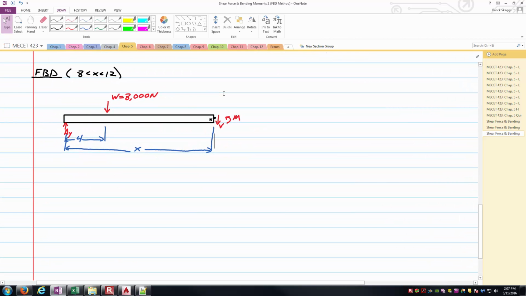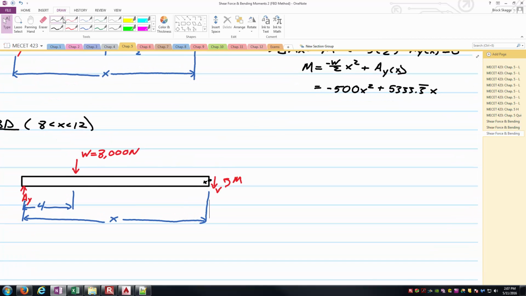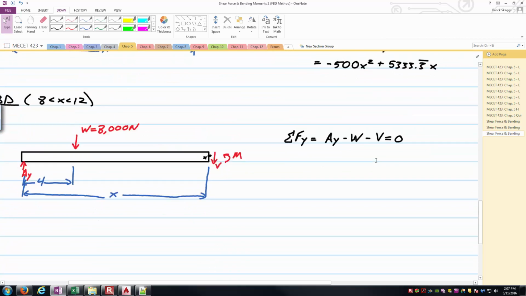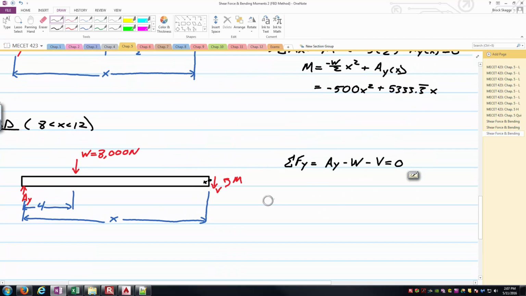So after we've got it set up to this point, it's just a matter of writing equilibrium equations again. And so we'll run through this just like last time. So we got the sum of the forces in the y. We've got positive A sub y minus our capital W minus V is equal to 0, which is very similar to what I wrote here, except be careful of how you interpret the capital W aspect of it. And so V here is equal to what?